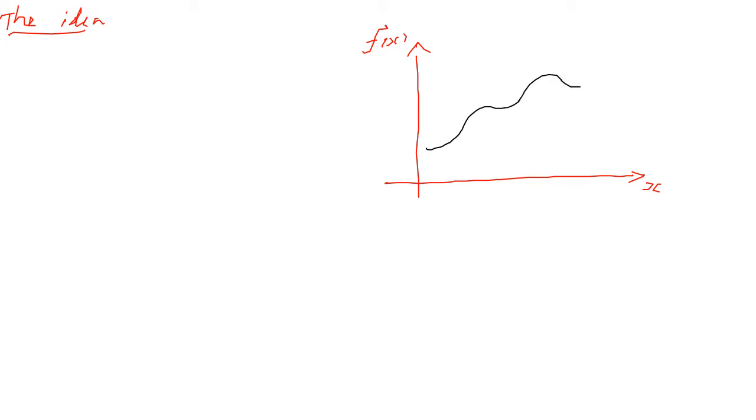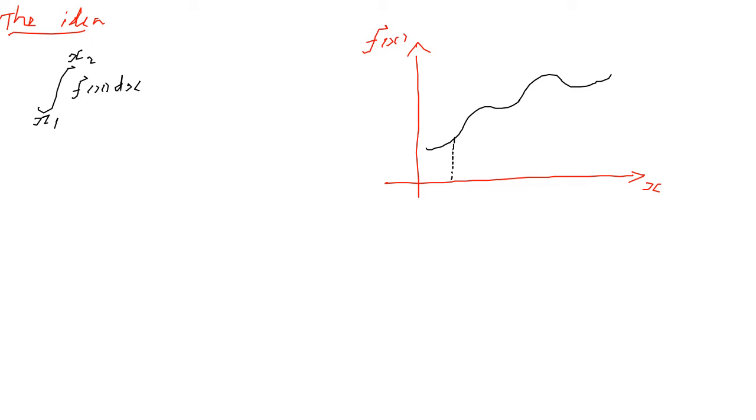Suppose you have a function f of x. Let me plot the function graphically. It's something like this, a very complicated function. You wish to evaluate the integral of this function, say the integral of f of x dx from some x1 to some x2.